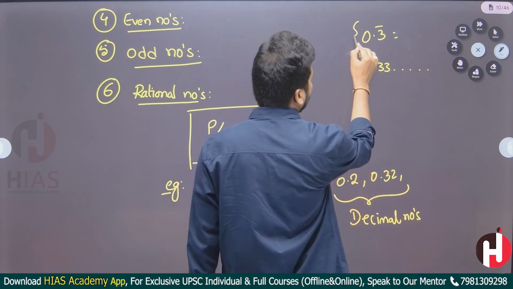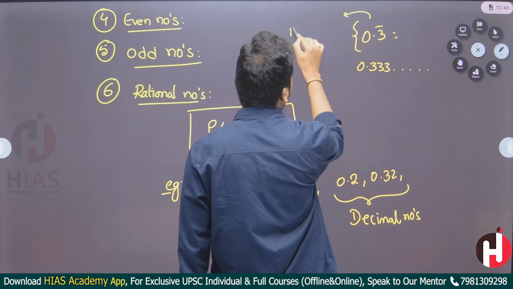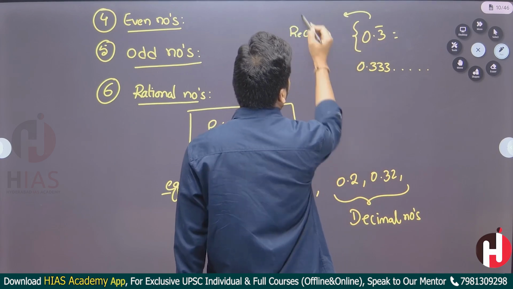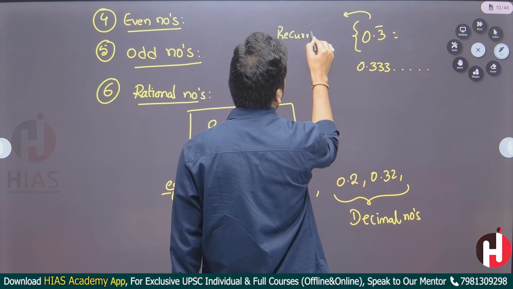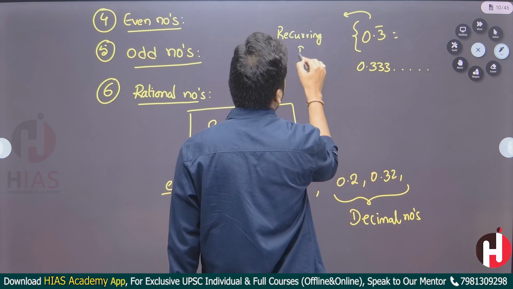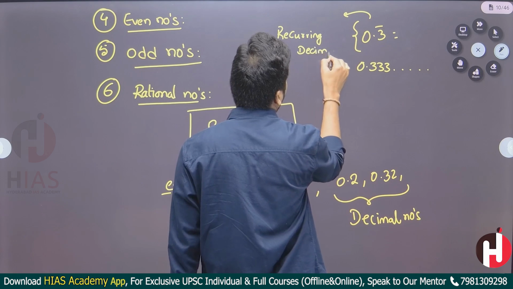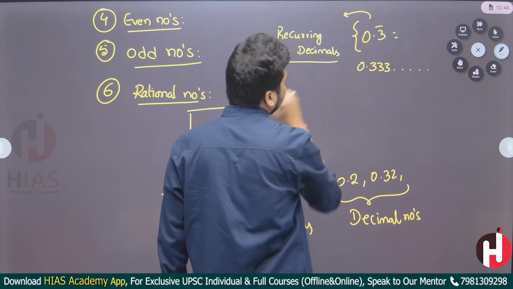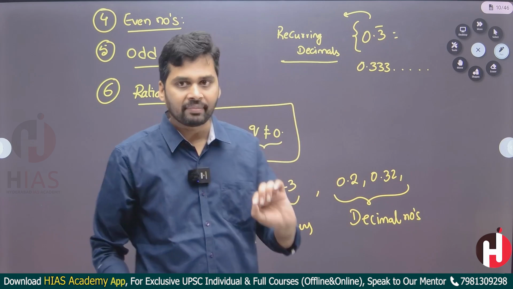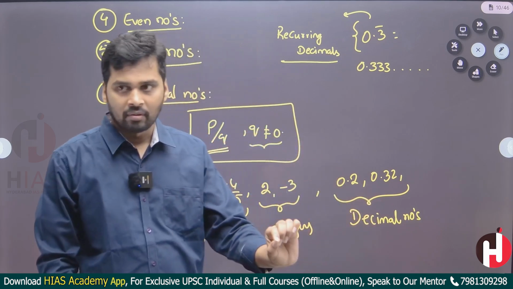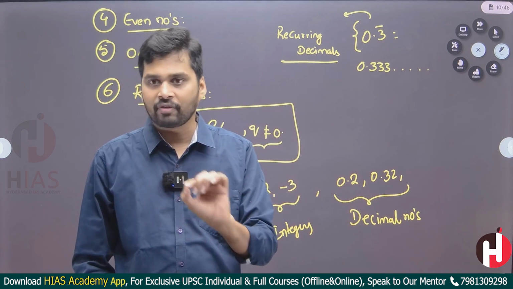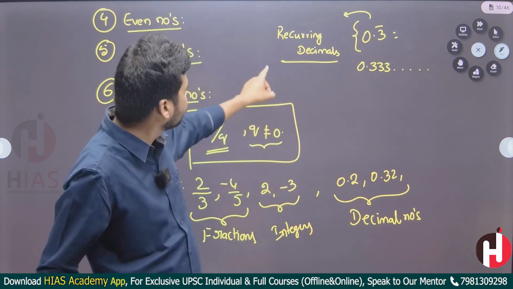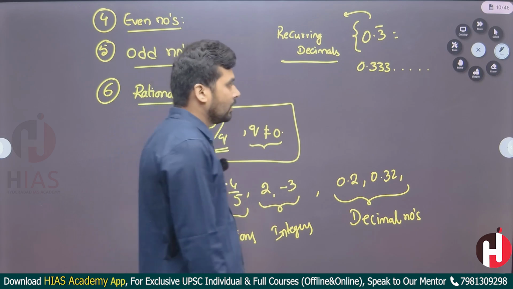This type of number is called a recurring decimal. Recurring means repeated. So 0.3 bar means that after the decimal point, 3 is repeated. So these are called recurring decimals.